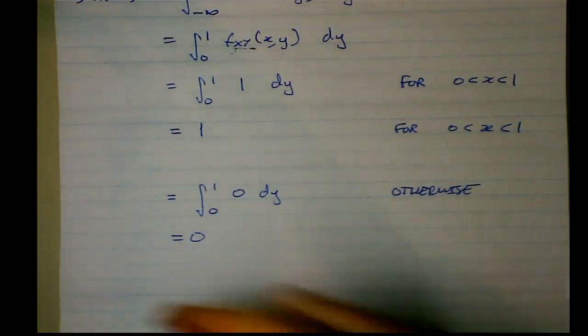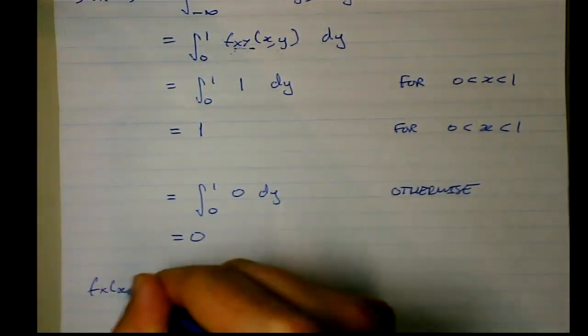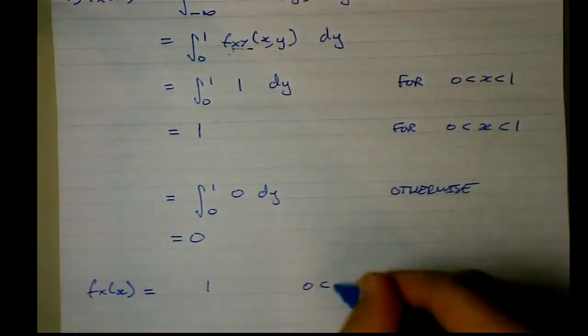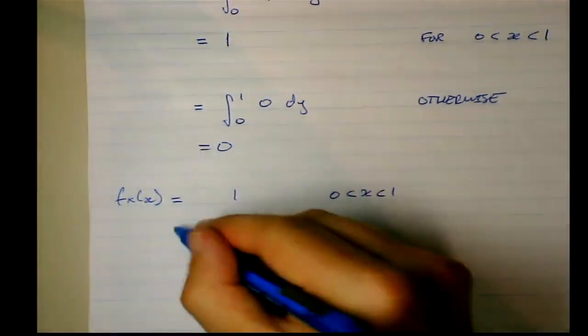So in sum, f_X(x) is 1 for 0 less than or equal to x less than or equal to 1, and it is 0 otherwise.